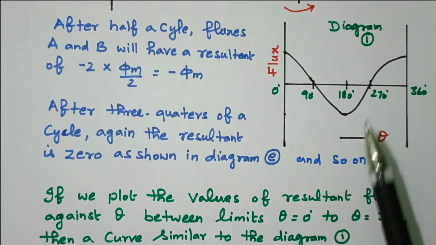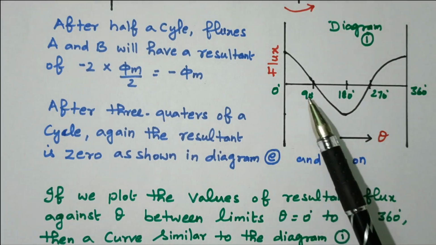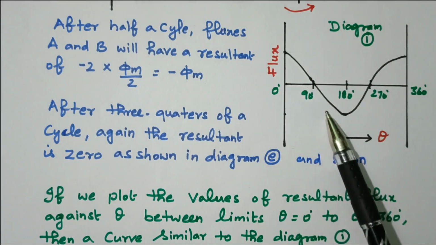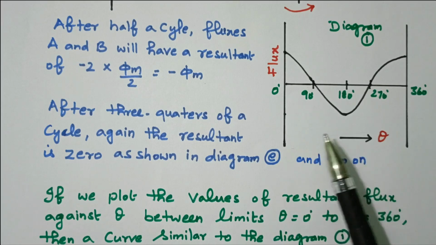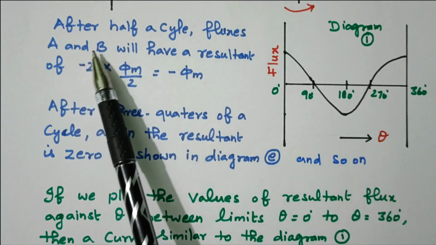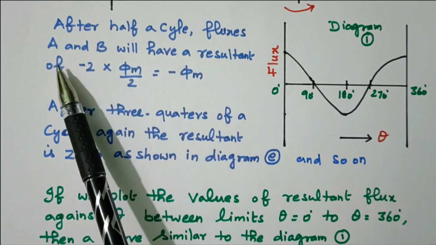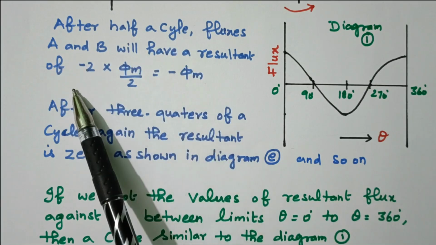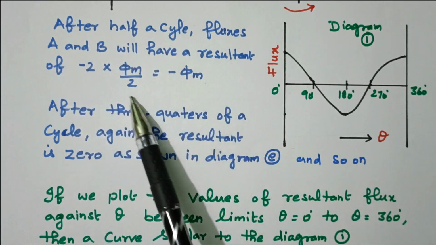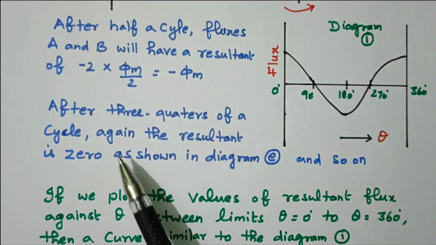The net flux is 0. Right? So the positive flux produced is cancelled by the negative flux produced. The net flux is 0. After half a cycle, flux A and B will have a resultant flux of minus 2 into pi m by 2, that is minus pi m.